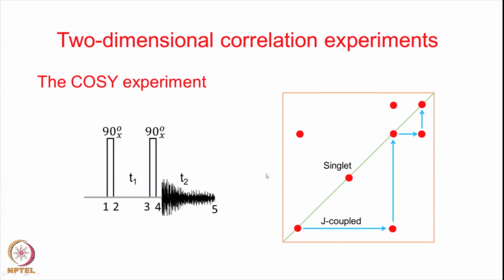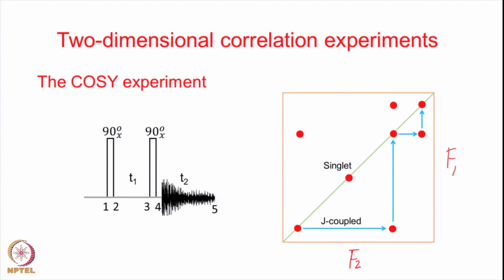Now we will see that this kind of experiment produces a spectrum of this type. This is a schematic experiment. So if I call this the F2 axis, which is where we actually detect the signal, and this is the indirect detection axis, we call it F1, and that comes as a result of Fourier transformation along the T1 dimension.